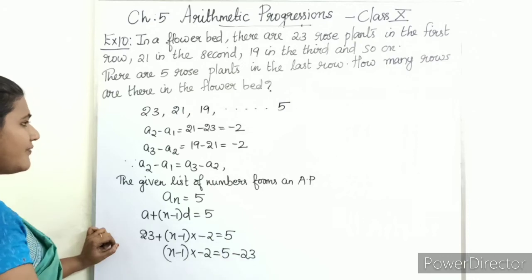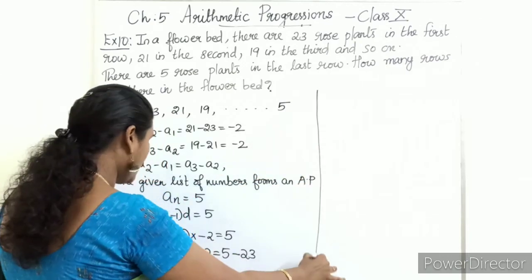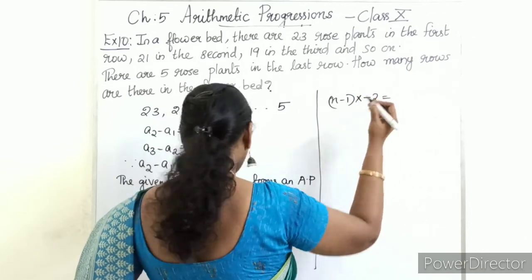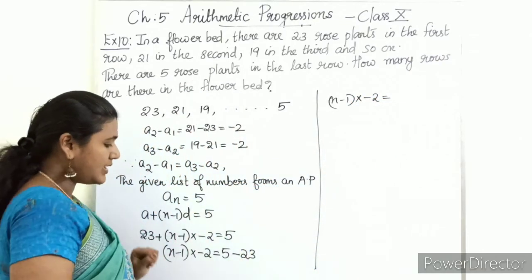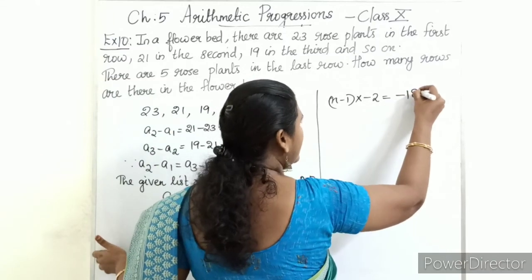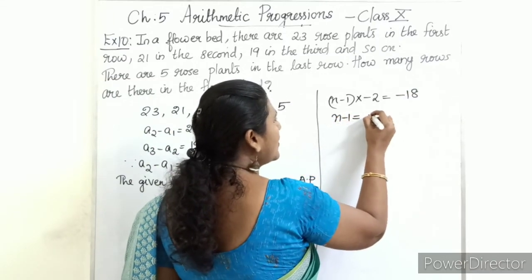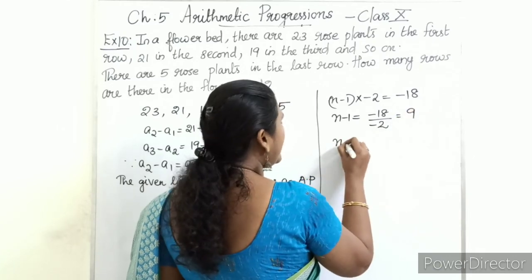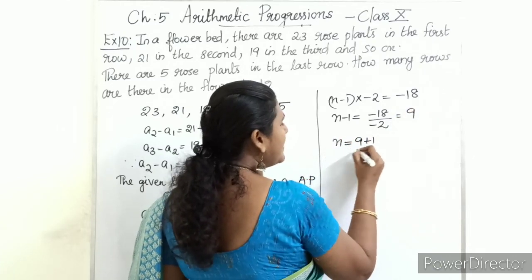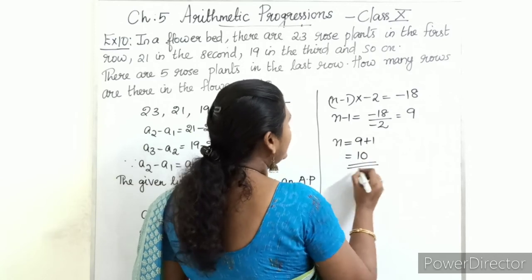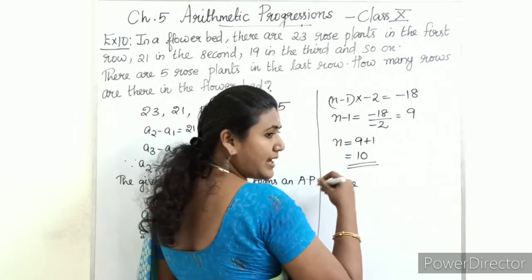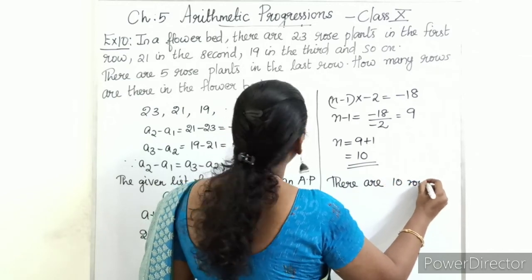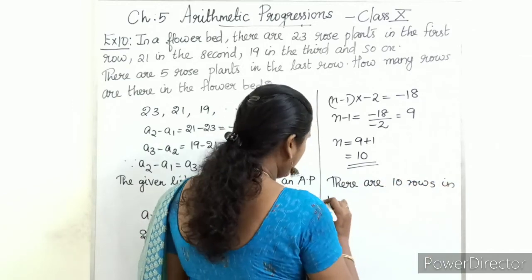So n minus 1 into minus 2 is equal to 5 minus 23, which is minus 18. So n minus 1 equal to minus 18 by minus 2, that is 9. So n is equal to 9 plus 1 is equal to 10. So we got the value of n as 10. So there are 10 rows in the flower bed.